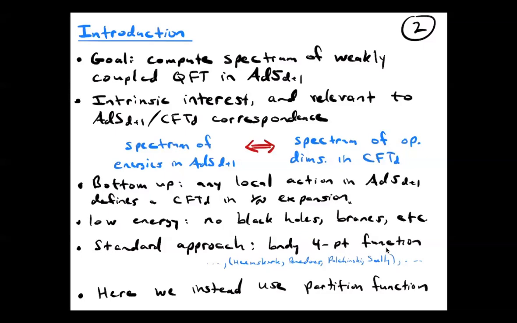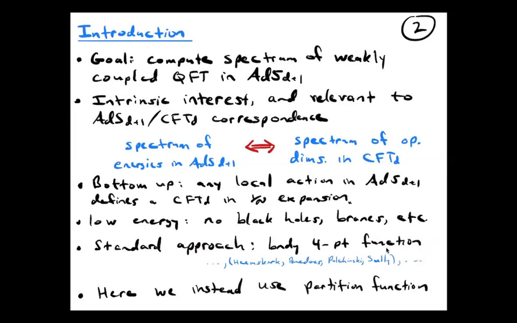When we compute a boundary 4-point function and expand it into conformal blocks, you can read off the data: the dimensions of operators which are exchanged, and also their couplings to the external states, which are the OPE coefficients. This is in principle a well-defined, straightforward procedure, but it gets quite technical, as we'll mention later on.